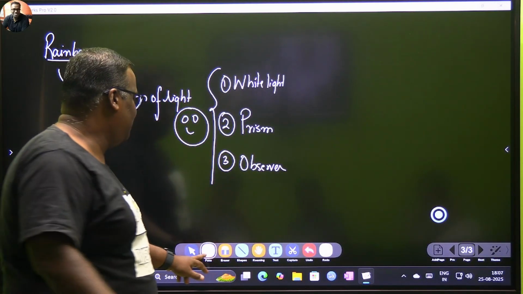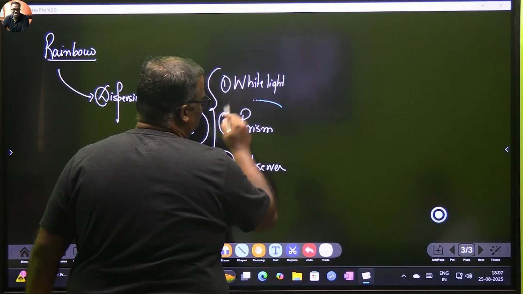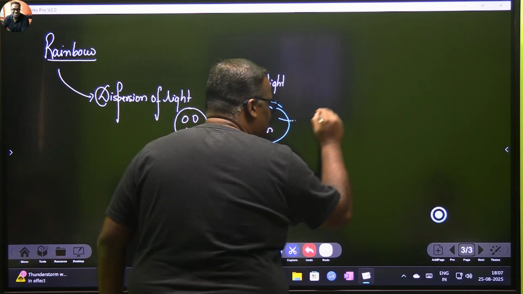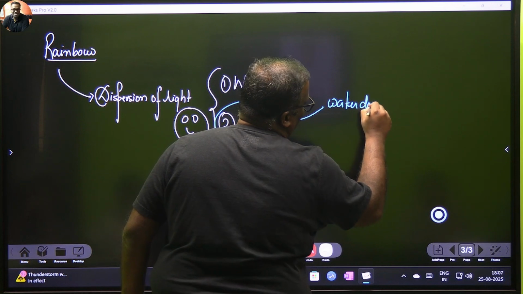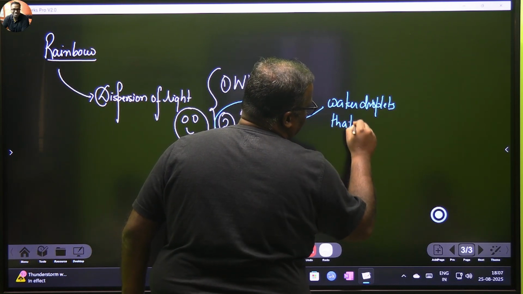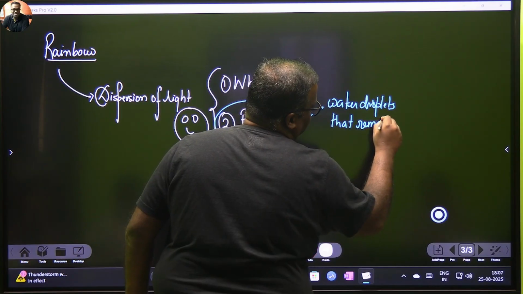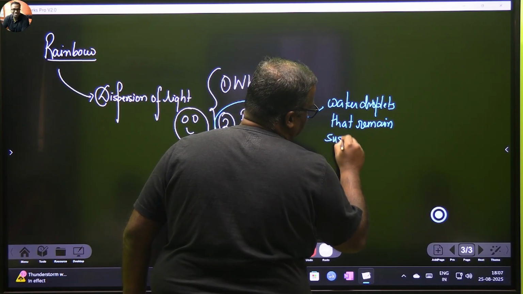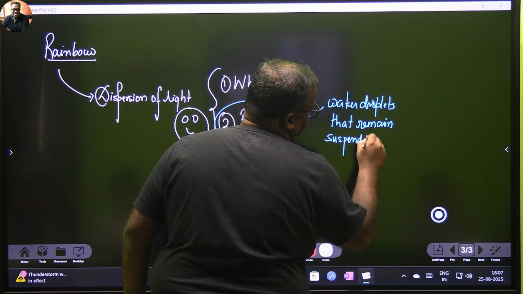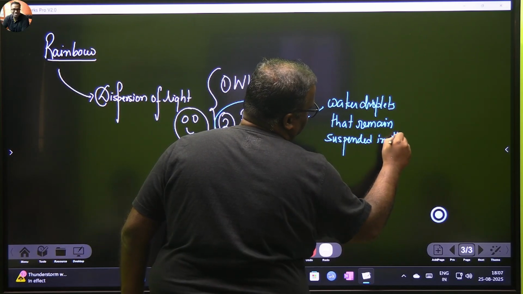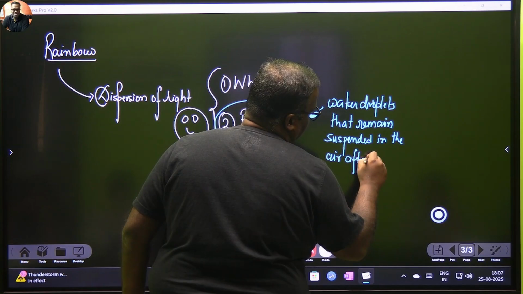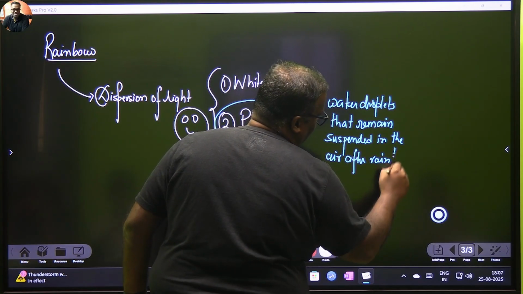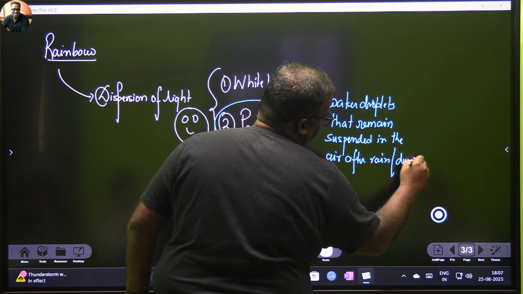Now, the interesting part is the prism. The prism is formed by water droplets that remain suspended in the air after rain or during rain.